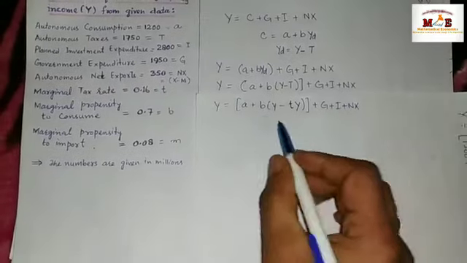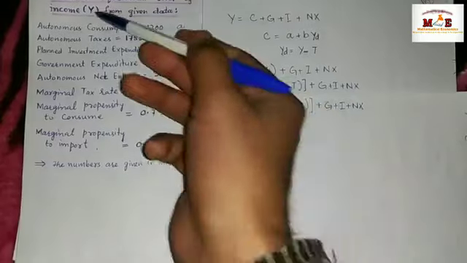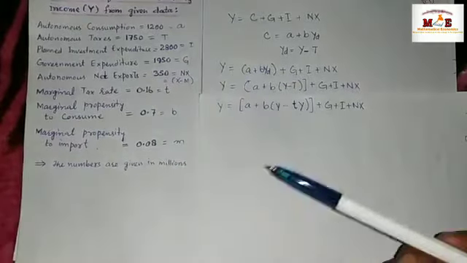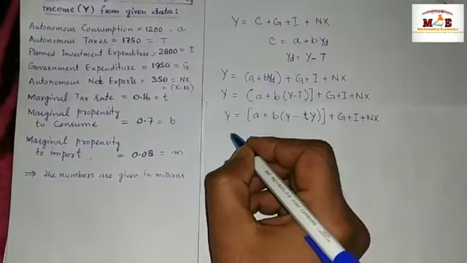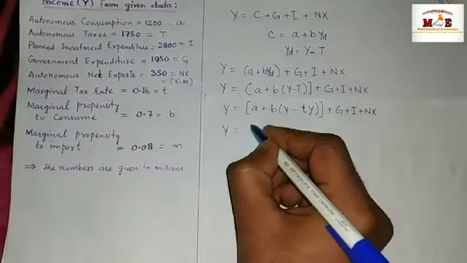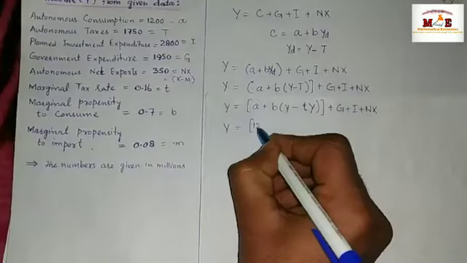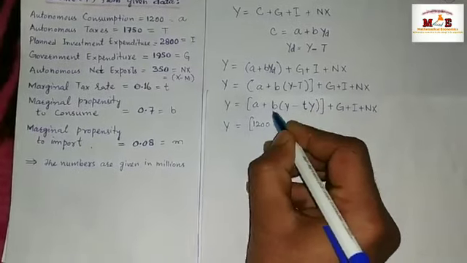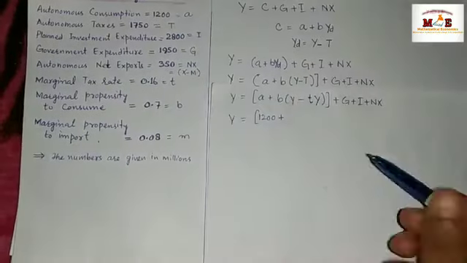Now this will be our final equation, and in this equation we will put all these variables which are given in our question to calculate the national income. So to calculate the value of Y, Y equals the value of A, which is given as 1200, plus the value of B, which is given as 0.7.